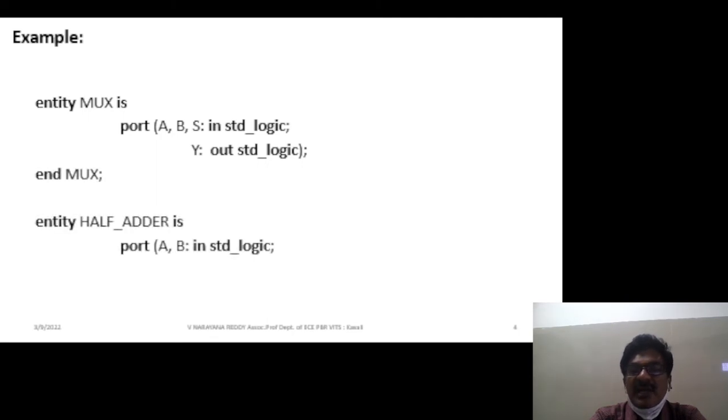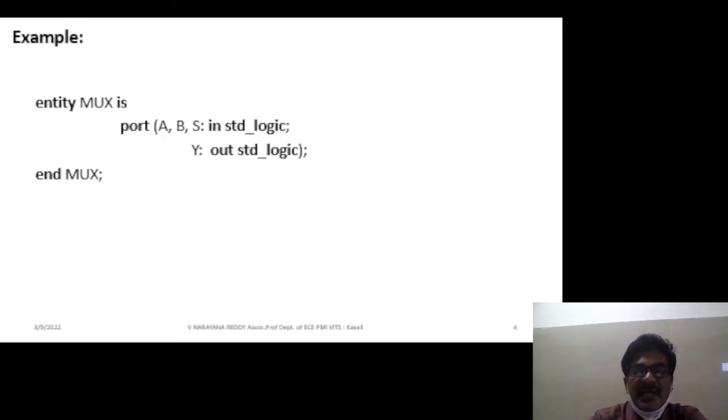For the 2 by 1 multiplexer, how many inputs does it have? 2 data inputs, 1 select input and 1 output. A multiplexer you can define as 2 power n by 1, where 2 power n is the number of inputs, n is the number of select lines and only 1 output. In this example I am taking a 2 by 1 multiplexer.